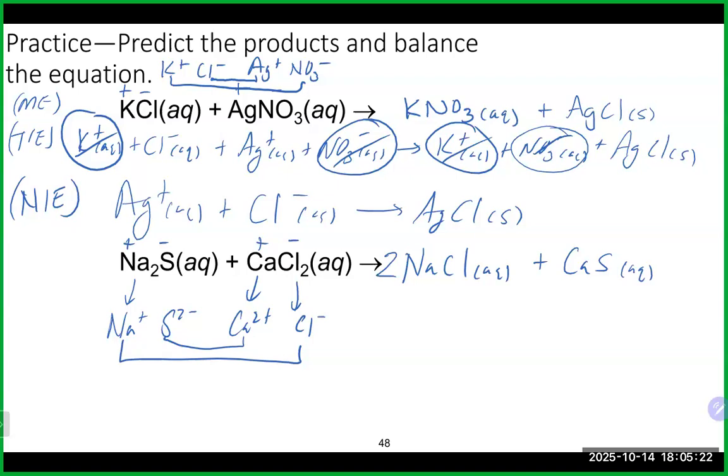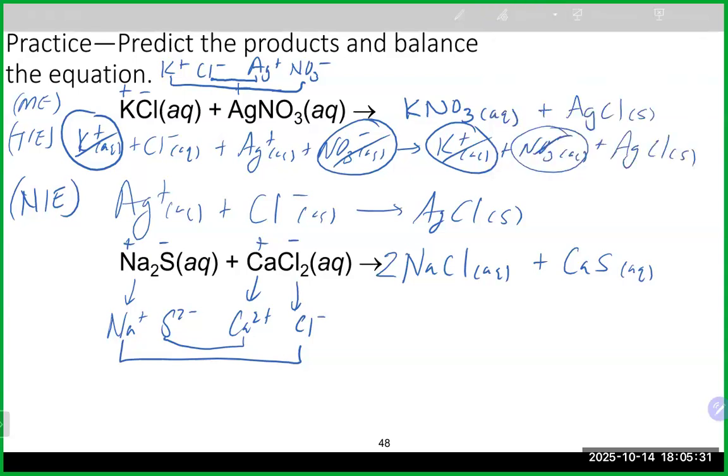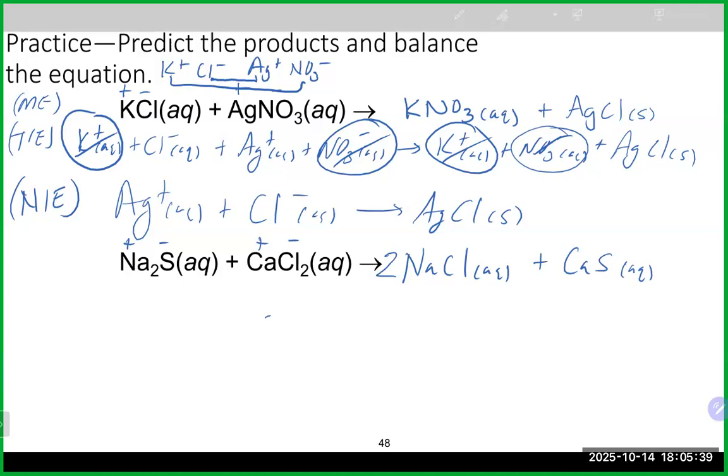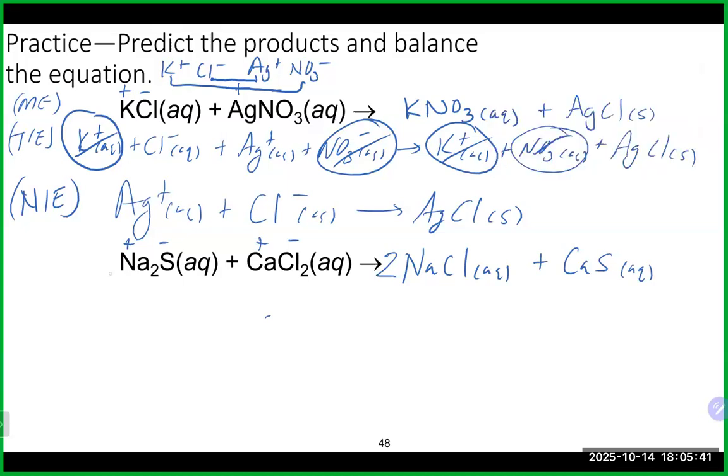What does this mean for this reaction? Does this actually take place? It does not actually take place, because if you went through the other equations, so if you went through your total ionic equation, for example, after you balanced it, you'll end up with 2 sodium ions plus a sulfide.